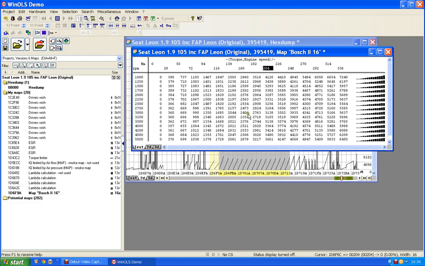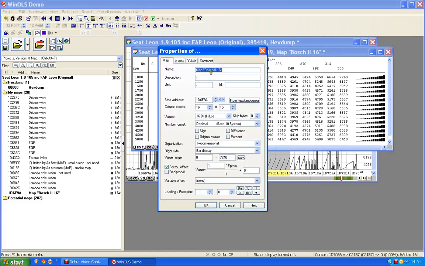Now this would appear to be an injection quantity, or IQ. Assuming that it is, if I put as a title for the map torque to injection quantity conversion, something like that, and the description is, well, it will be injection quantity. I'm just using IQ.